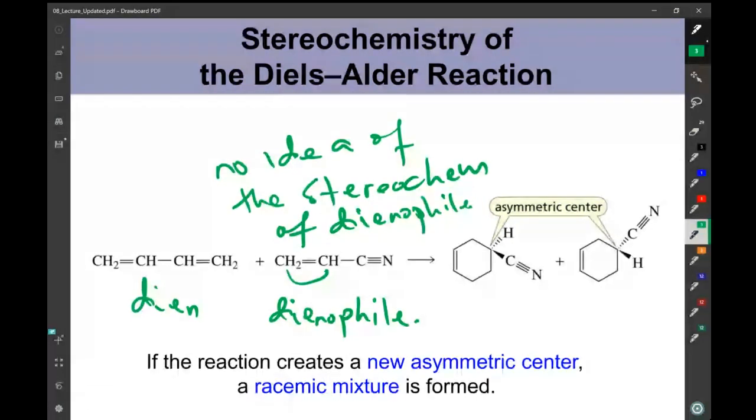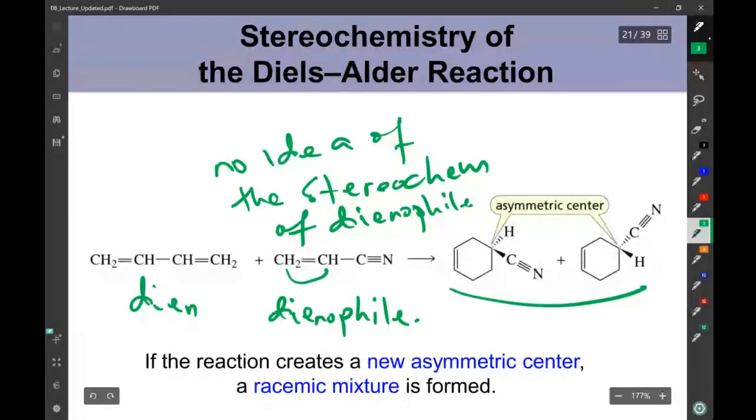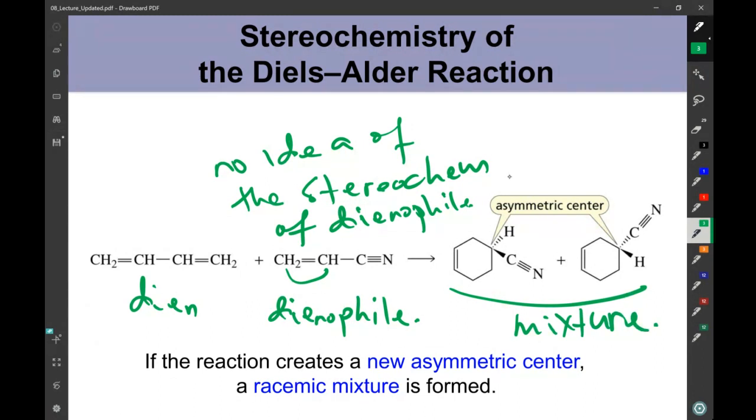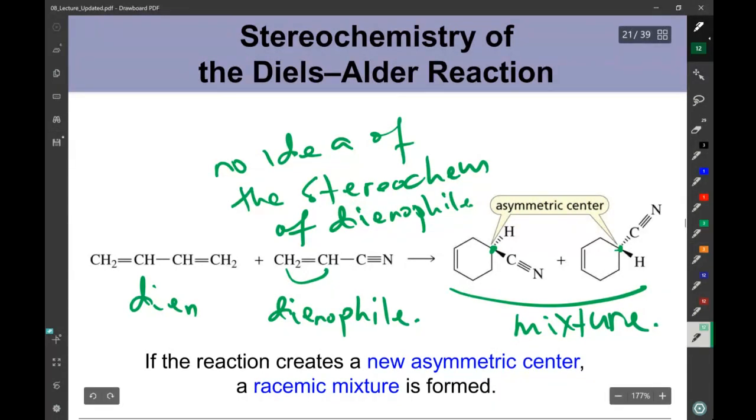And because you cannot tell if the dienophile is cis or trans, you end up having a mixture in your product. You are creating a chiral center. Look at that, you have a chiral center over there. And whenever you have a chiral center, you should think of your R and S configuration.